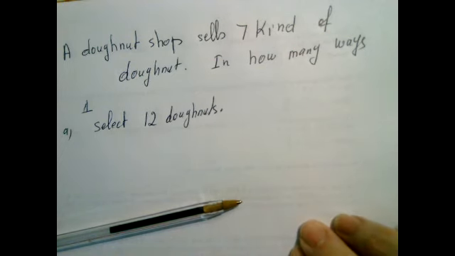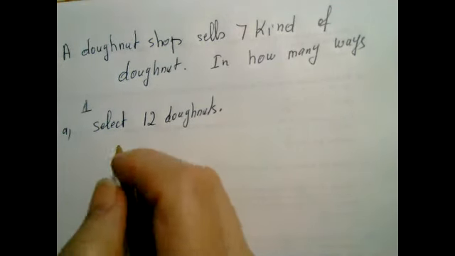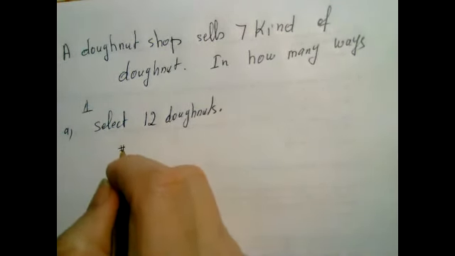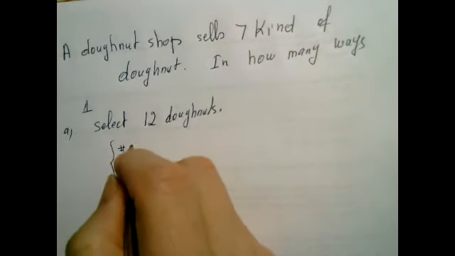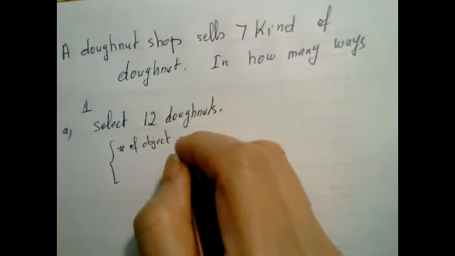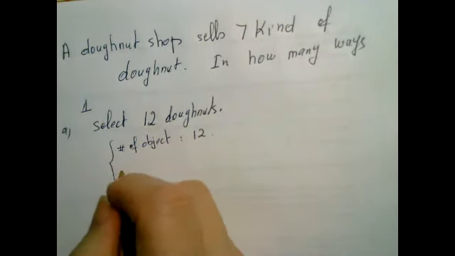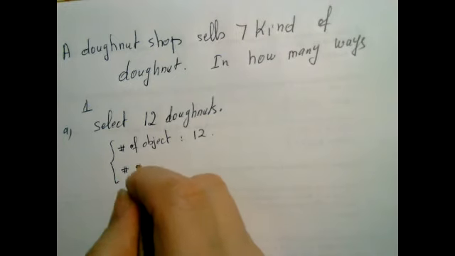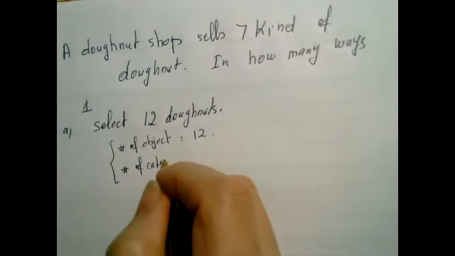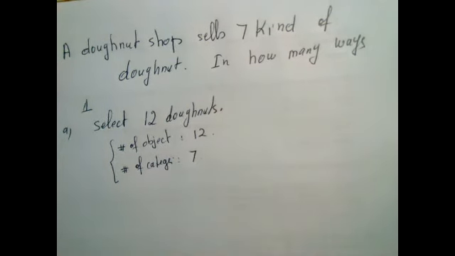Okay, we have 7 kinds. In how many ways can we select 12 donuts? What's the number of objects in this scenario? That's 12, the number of objects we have. How many categories do we have? We have 7 categories.